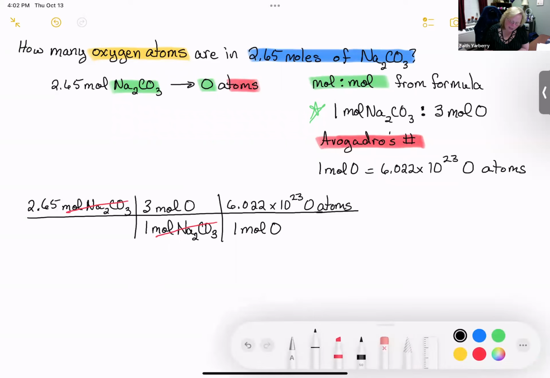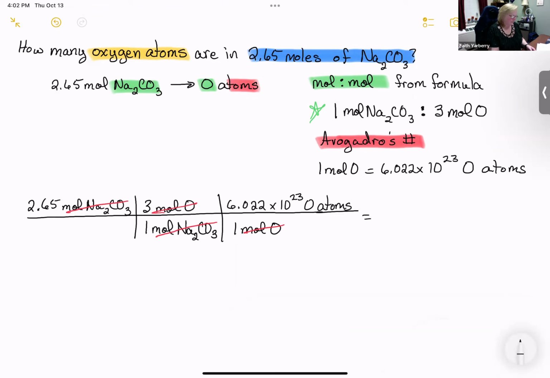It had to be in that order to make certain the moles of O would cancel, and now I am left with atoms of O. Now, when you key this into the calculator, you will get 4.79 times 10 to the 24 O atoms as your answer.